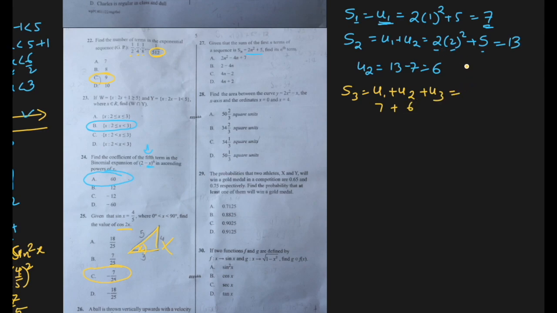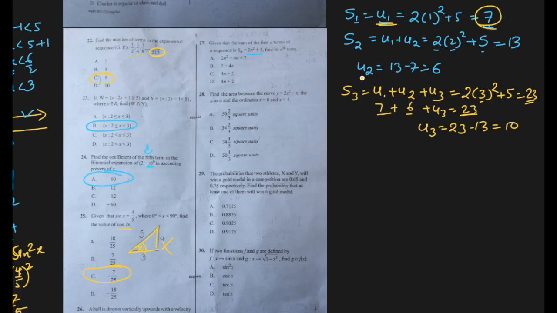Third term we'll find by the same formula, 2 times 3 squared plus 5. 9 times 2 is 18 plus 5, 23. So 7 plus 6 plus u3 is equal to 23. So 6 plus 7 is 13. u3 equals 23 minus 13, which is 10. So u1 is 7, u2 is 6, and u3 is 10.